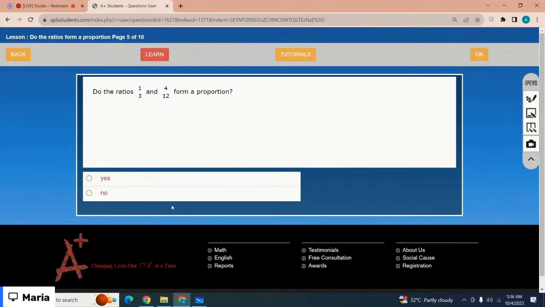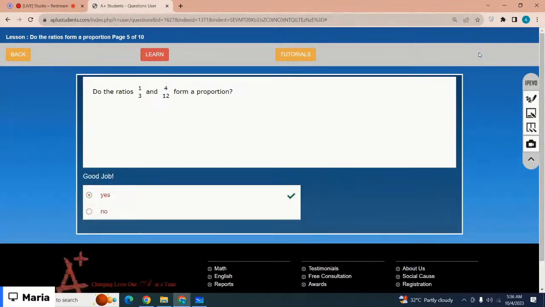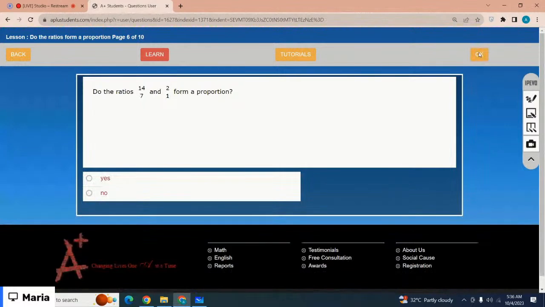The correct option is yes. Do the ratios 14 by 7 and 2 by 1 form a proportion? Yes or no?